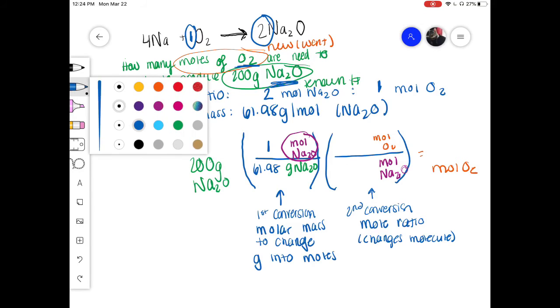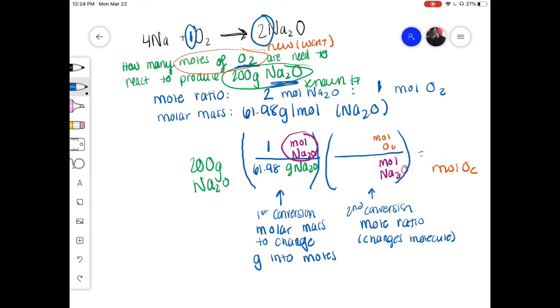Our last step before we put it in the calculator is to put the numbers from our mole ratio with the units that go with them. For moles of O2 in our mole ratio, we have 1, so we put a 1 with it. And for moles of Na2O, we have a 2, so we put a 2 with it.